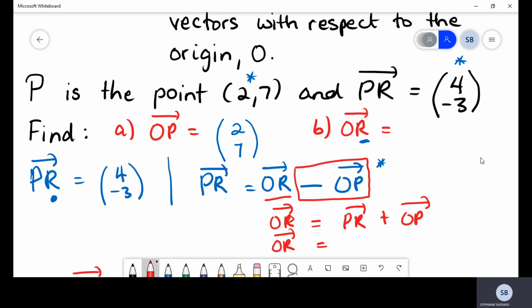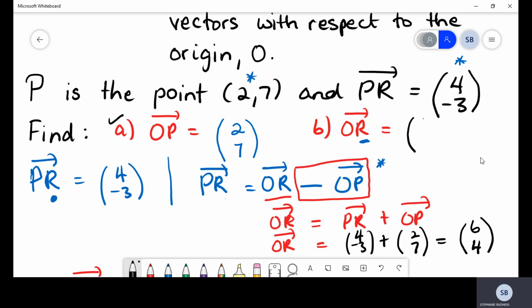PR is given by 4, -3, and OP is given by 2, 7 from part A. And now we simply add. 4 plus 2 is 6, and -3 plus 7 gives us 4. And therefore, the vector OR has worked out to be equal to 6, 4. Sorry, 6, 4. There's no comma.